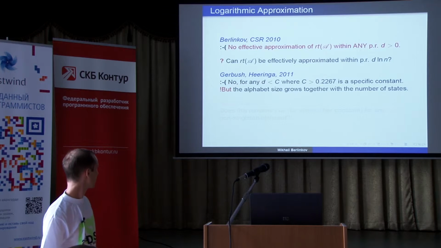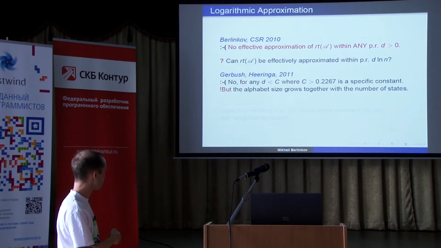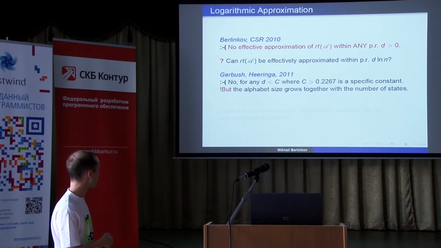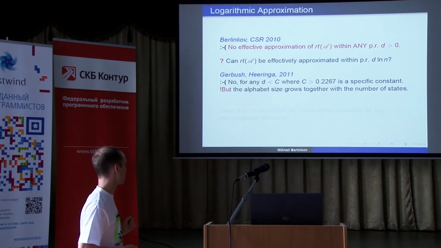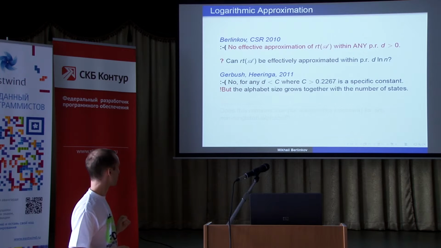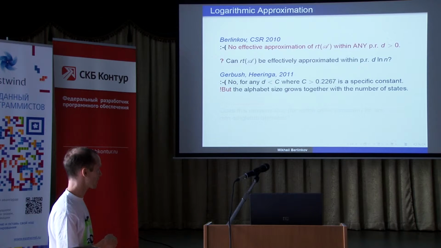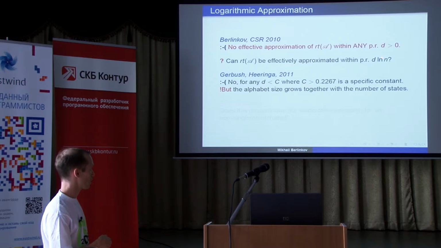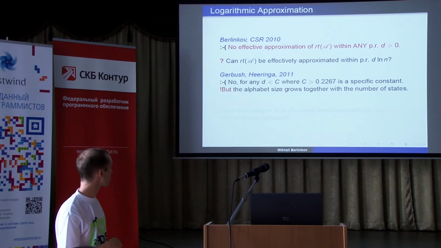In 2011, Gerbusch and Heringa proved a partial result in this direction. Namely, they proved that for any constant less than some specific constant, there is no effective approximation algorithm within a logarithmic performance ratio with this constant.